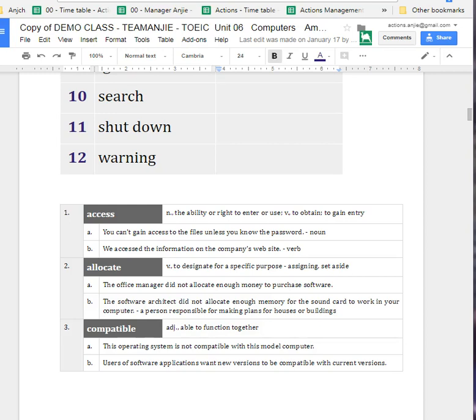It is to give. An example is the office manager did not allocate enough money to purchase software. And another example is the software architect did not allocate enough memory for the sound card to work in your computer. Can you repeat that for me?